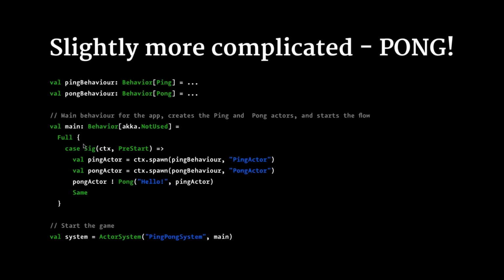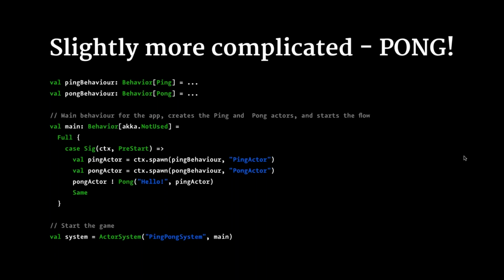So instead of sending a message to the root actor system, we're leveraging the pre-start signaling here. So we're creating a behavior using full, because again, I need one full or full total to handle signals in here. Full is going to give me access to any of the signals. In this case, I'm only interested in the pre-start.